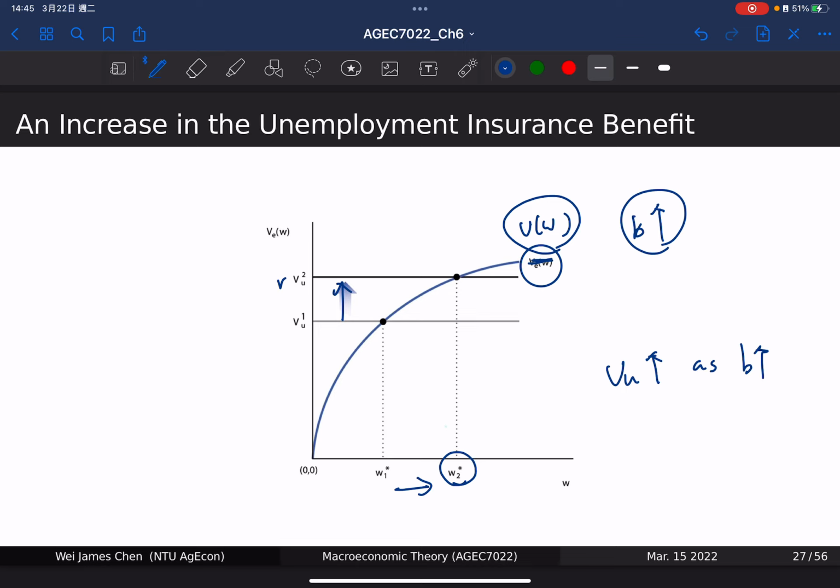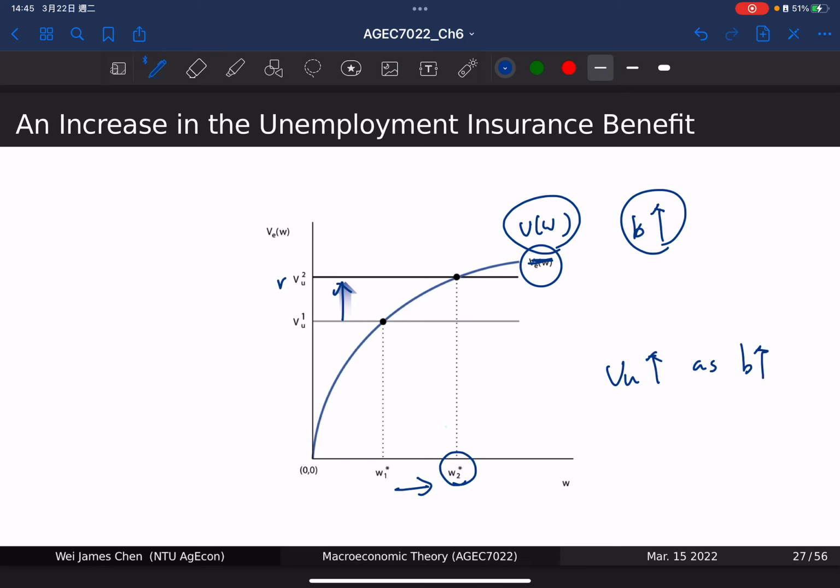That makes sense, right? What it says here is that if the unemployment insurance is higher, then there's less incentive for you to accept a job offer. Okay, if you don't work, you can actually get, say, 30,000 NT dollars per month.